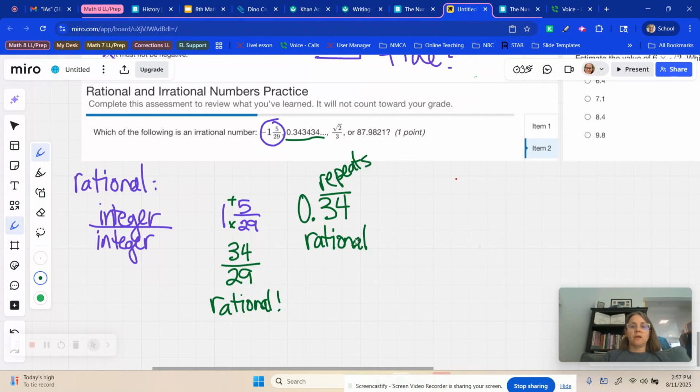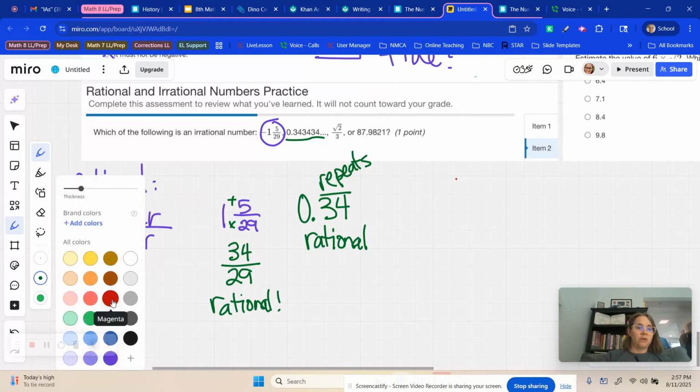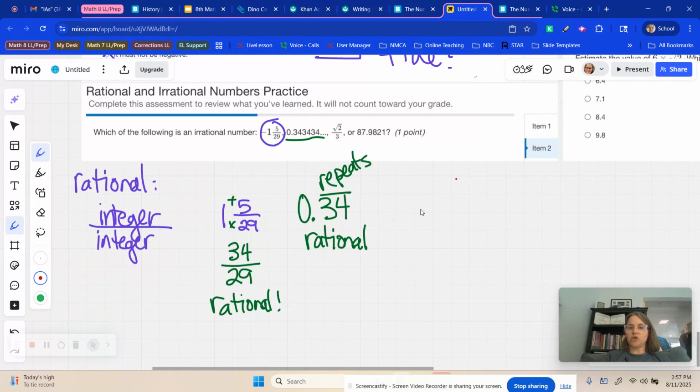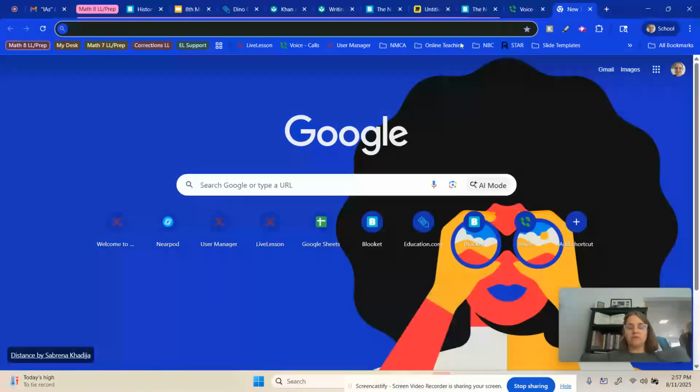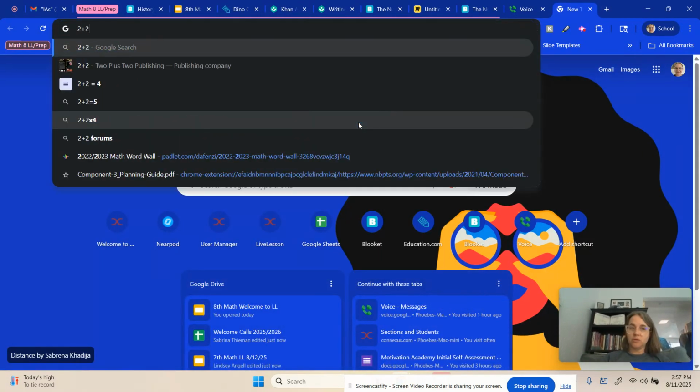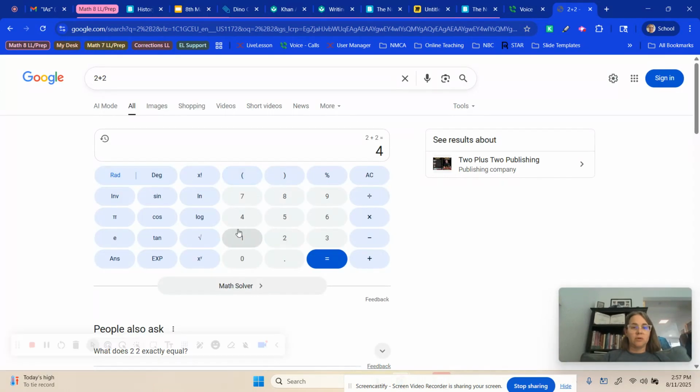Okay, look at the third one. This one's the irrational one, and I'll show you why. Square root of 2 over 3. So you guys, the square root of 2 looks like this.